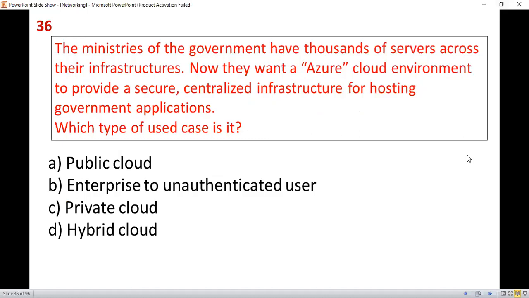The next question you can see: what does VMM stand for? Virtual machine monitor.